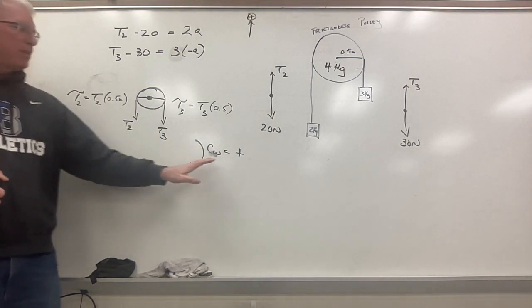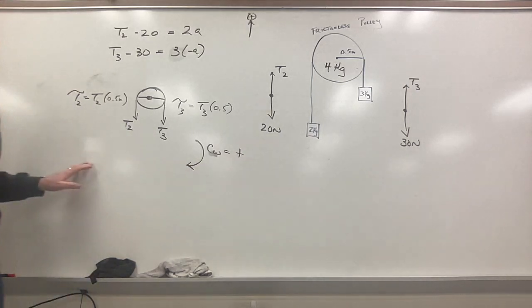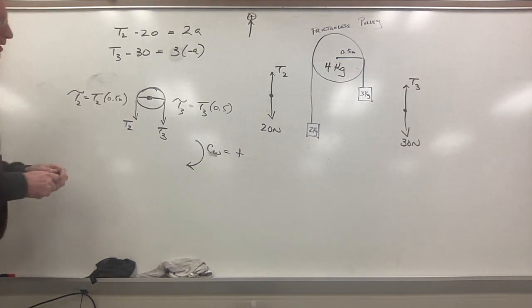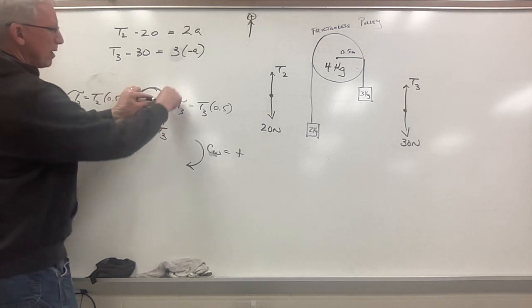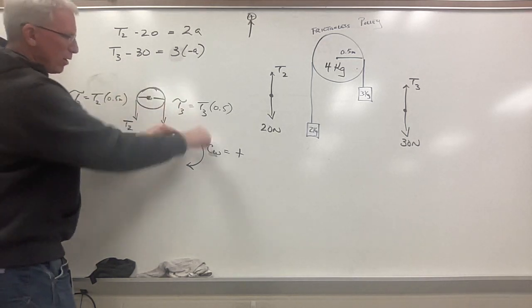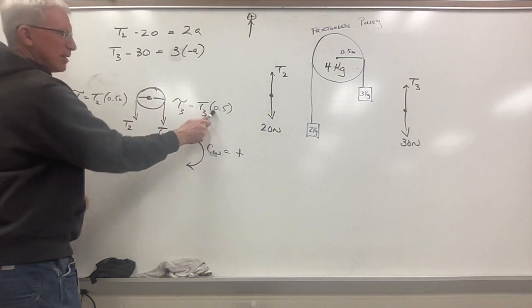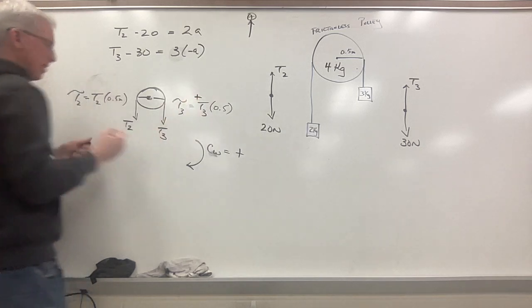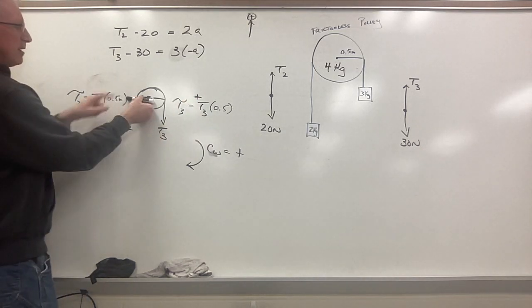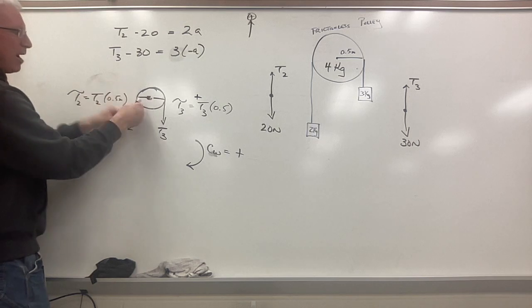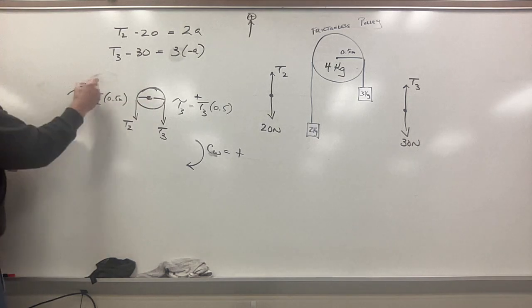So now I have to think through what is positive and what is negative. This one over here, T3, pulling down, that goes in my clockwise direction. This is going to be positive. And this one, T2, is spinning the other way. That's going to be a negative.